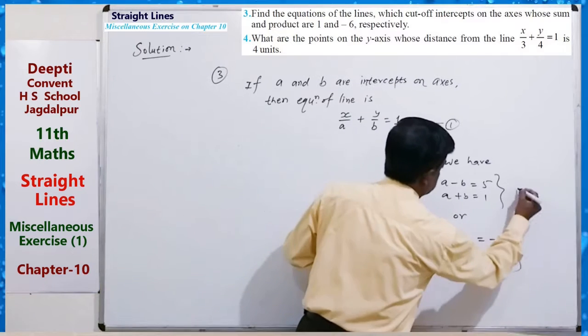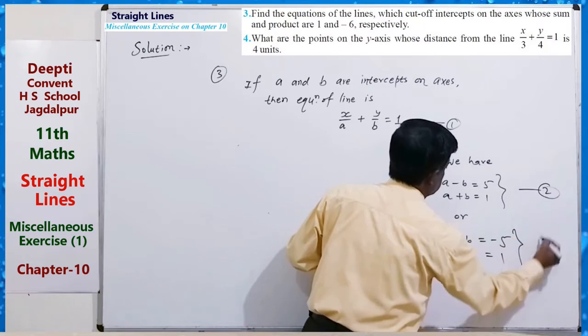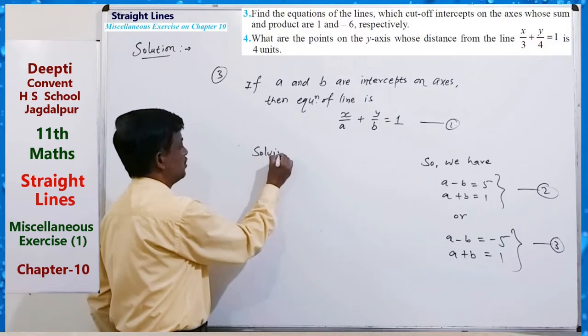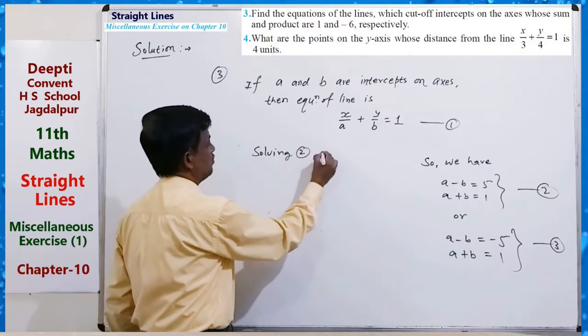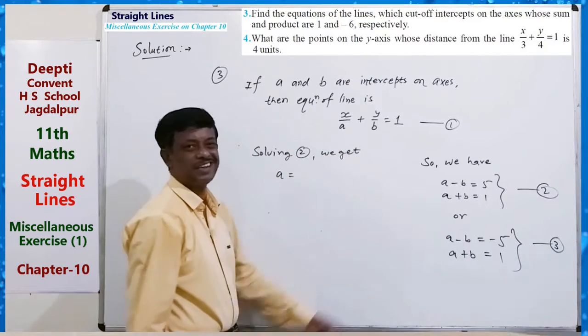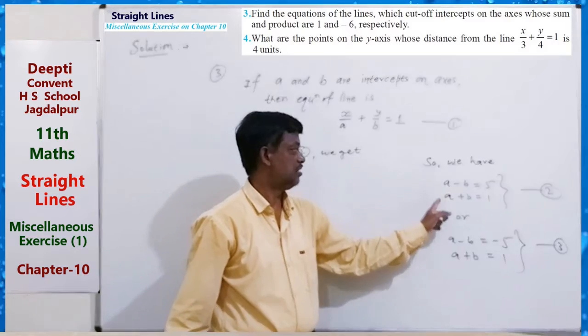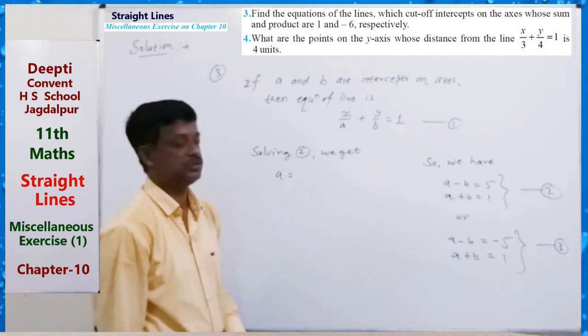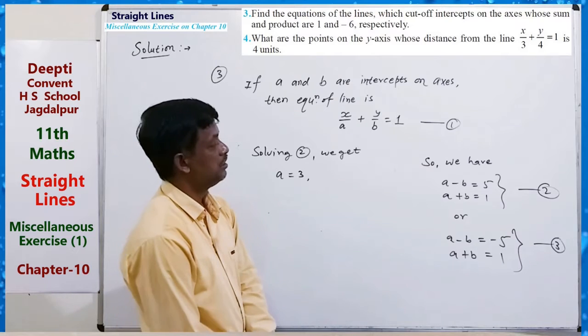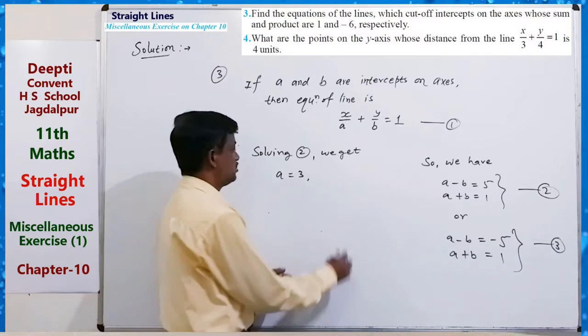Solving the first set, then the second set. Solving the first, adding, 2a equals 6, a equals 3, then b equals minus 2.